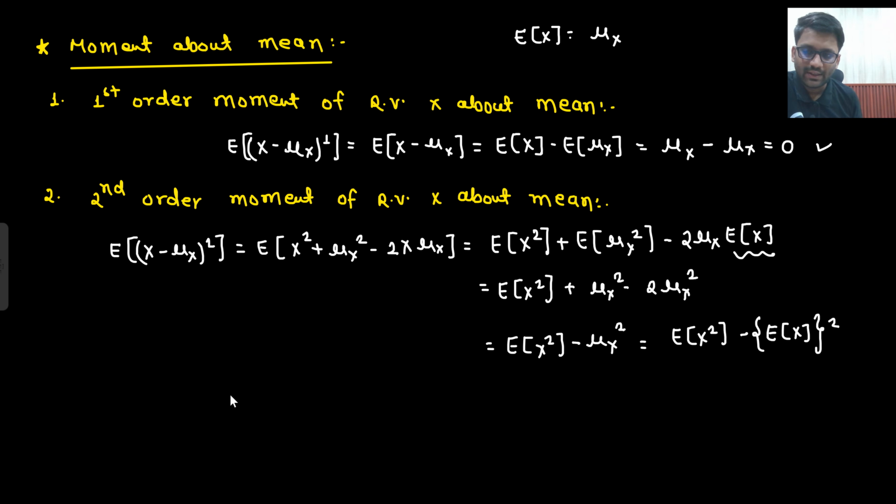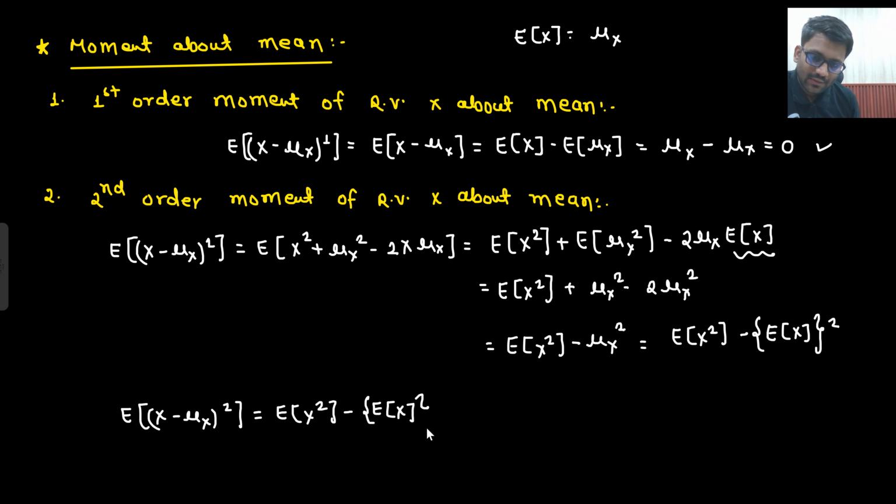So the second order movement of random variable x about mean is coming out to be expectation of x square minus expectation of x square. This is what it is coming out to be, and it has a special name.